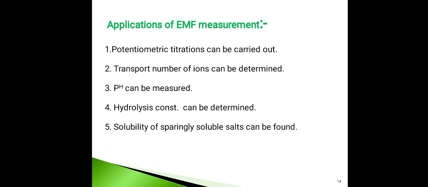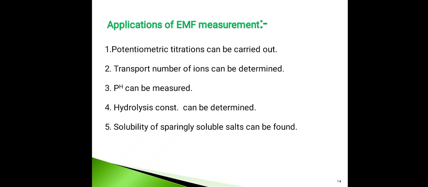This is called the null point. That point on the long wire AB where no deflection is observed is called the null point.